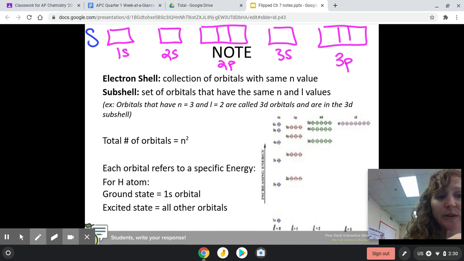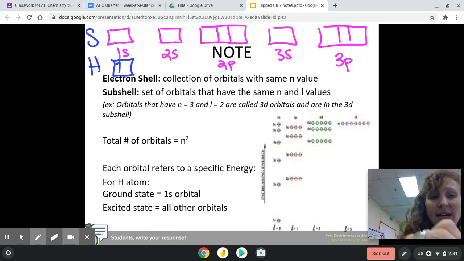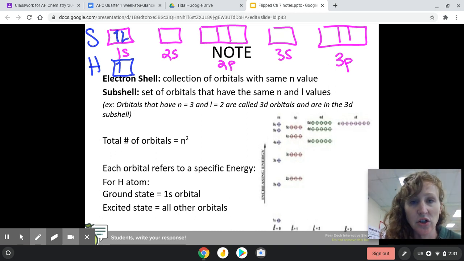So if we were talking about hydrogen, hydrogen only has 1 electron. So it is okay to put just 1 electron in the box. We only have 1 electron. We don't want to put more than 1 electron in the box. But sulfur has 16 electrons, and so you can put up to 2 electrons per box.